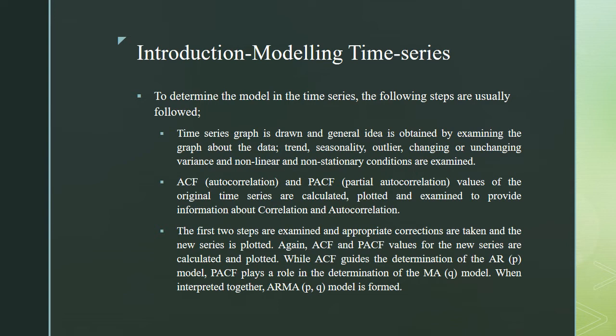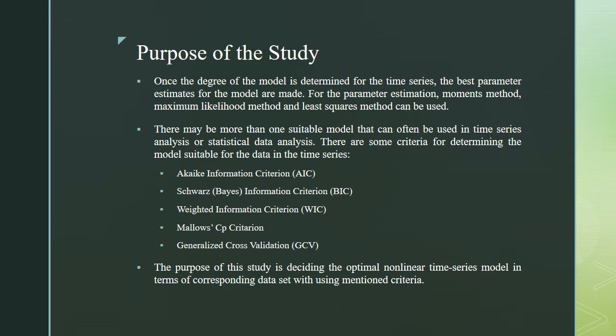While autocorrelation guides the determination of the AR model, partial autocorrelation plays a role in the determination of the MA model. When interpreted together, the ARMA model is formed. Purpose of the study.